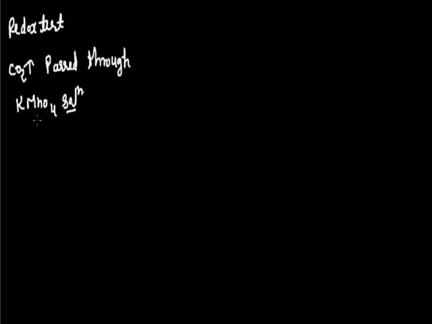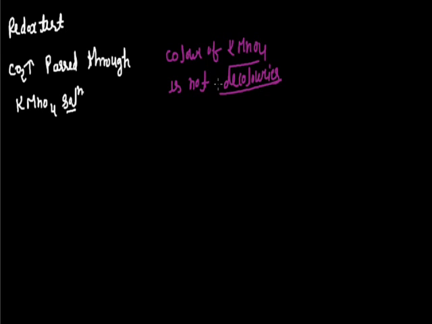So in that case, the deep violet color of KMnO4 is not decolorized. Why? Since when we pass CO2 gas into a test tube containing KMnO4, which is a deep violet color, then what happens?